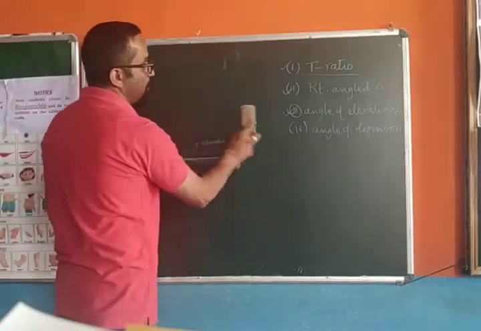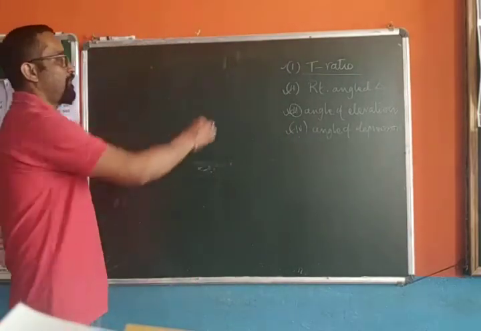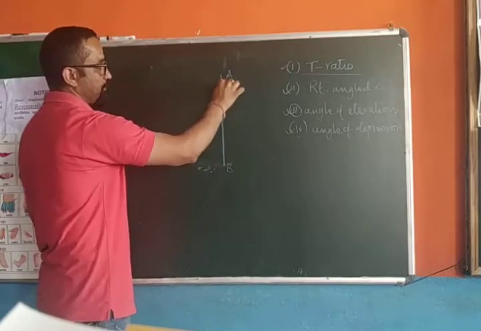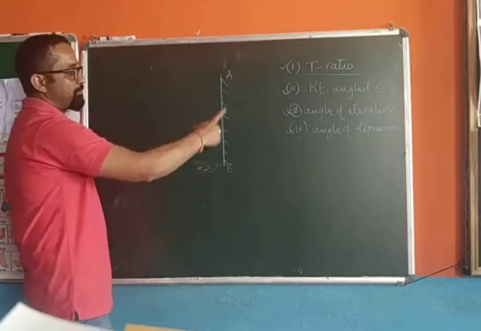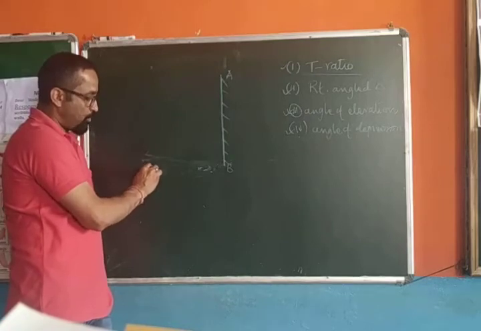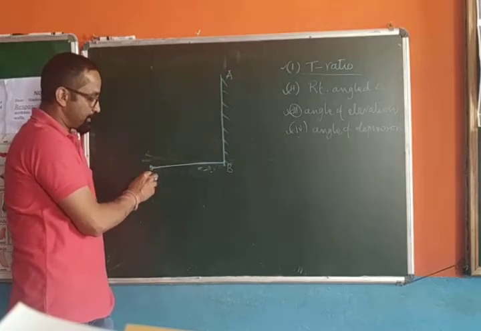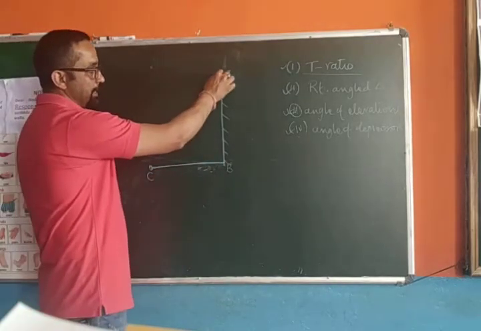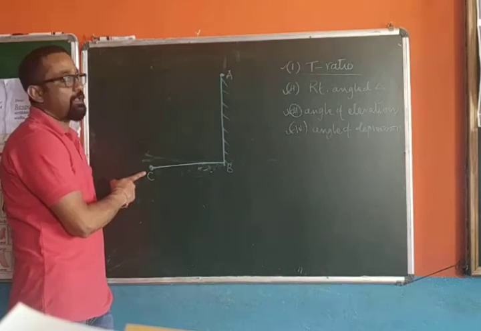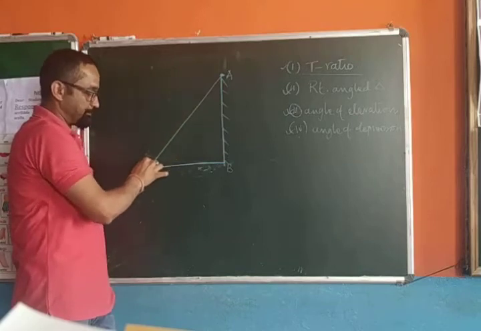Second one is angle of depression. AB is a tower. A is the top of the tower, B is the foot of the tower. There is an object on the ground at a distance from the foot of the tower, say C. A man is standing at the top of the tower and he is looking at the object C. And as he is looking at the object C, the line of sight is AC.